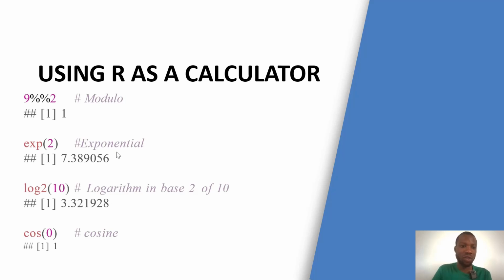It is especially applied to population growth and decay. And here is the logarithm, log of 10. Logarithm also helps us reduce the variability of the numbers. If I type log 2, it is the logarithm base 2 of 10, so we are going to get 3.